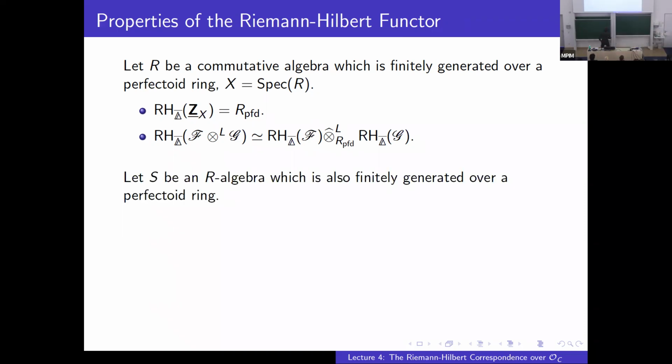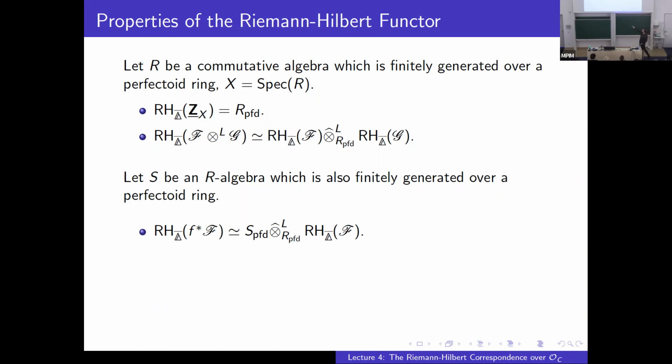And it's also compatible with base change. So if S is an R-algebra, which is also finitely presented over a perfectoid ring, for example, if it's finitely generated over R, then if you wanted to, you could take a complex of sheaves on R, pull it back to Spec S, and apply the Riemann-Hilbert functor there. It's obtained from the Riemann-Hilbert functor applied to the original complex by some extension of scalars procedures.